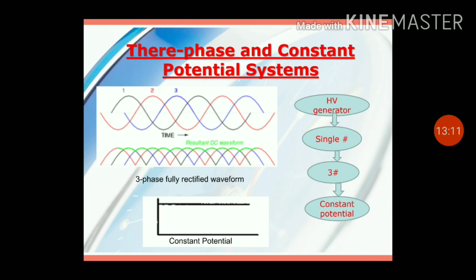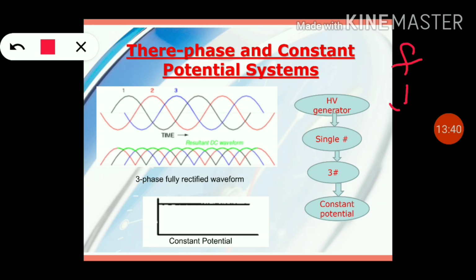A high frequency generator fully rectifies the AC current and supplies the tube with DC current. So why is it called a high frequency generator? Because they operate at up to 100 kilohertz instead of the standard supply of 50 hertz. They use the frequency, fed into inverter rectifier technology, to produce a near constant potential.